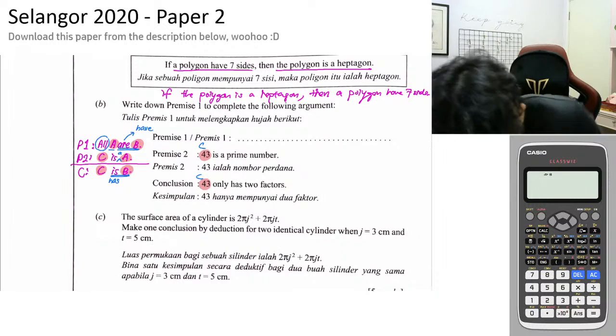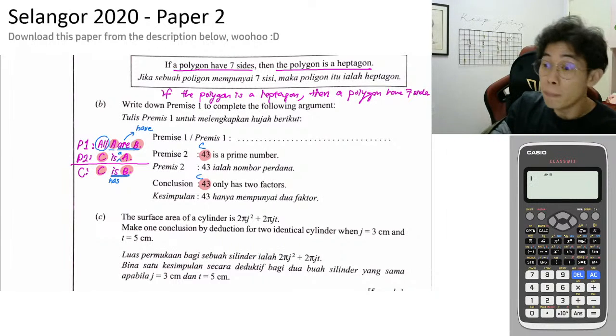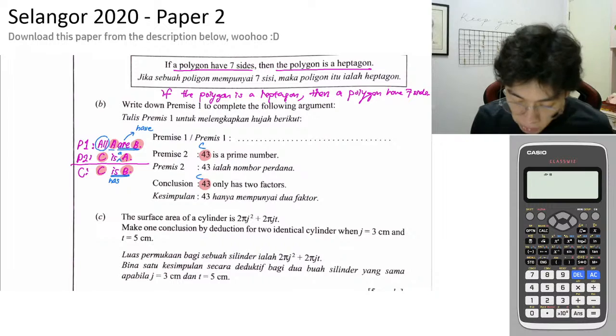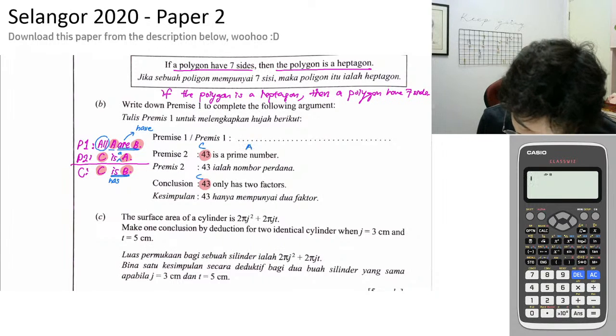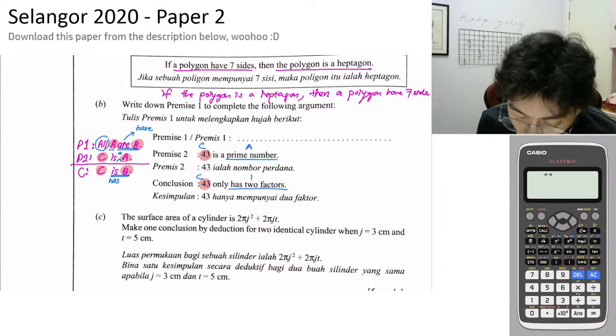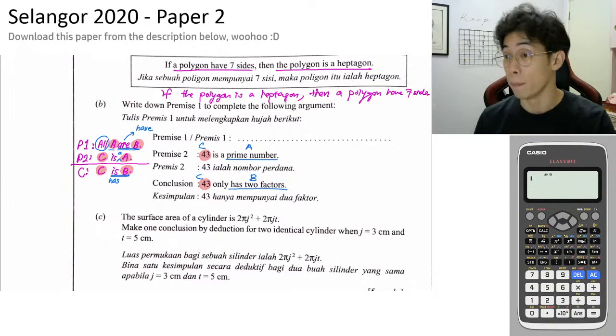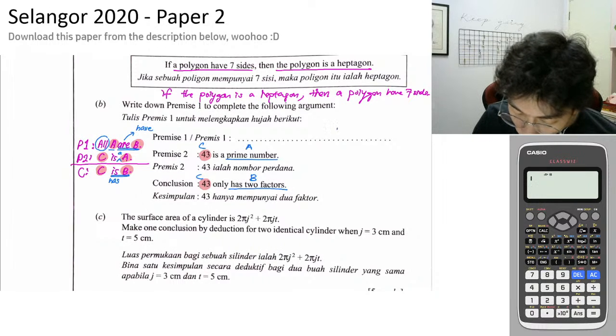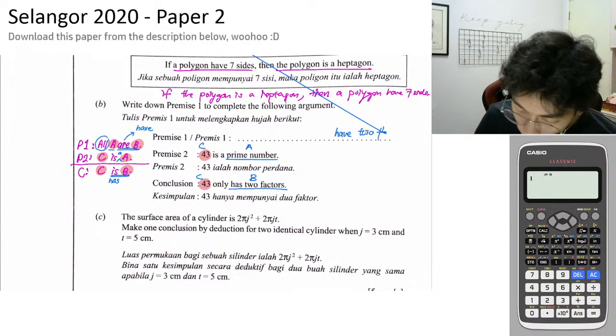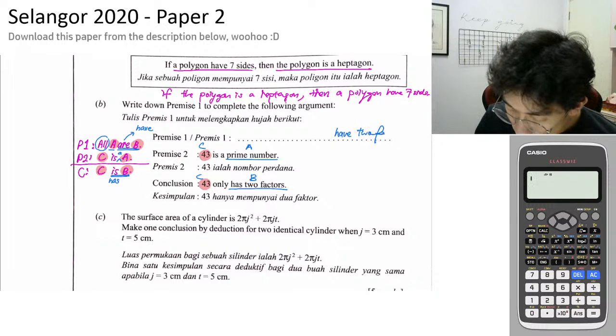Then after that, you notice that the prime number is the A, and "has two factors" is your B. So I have to write here: have two factors.